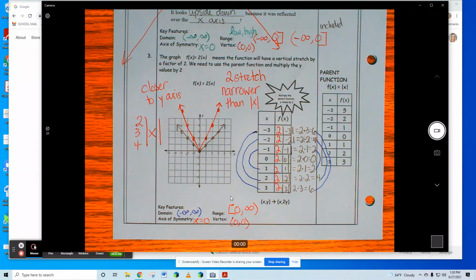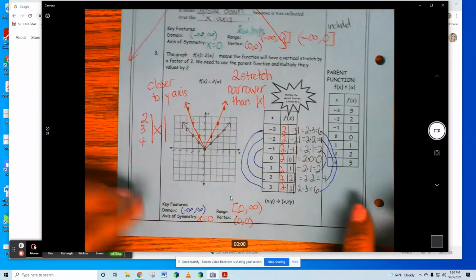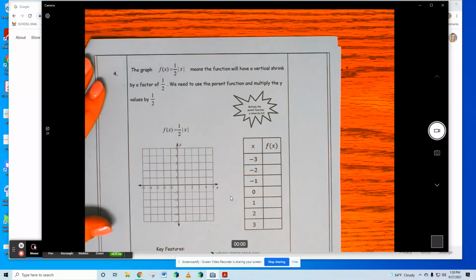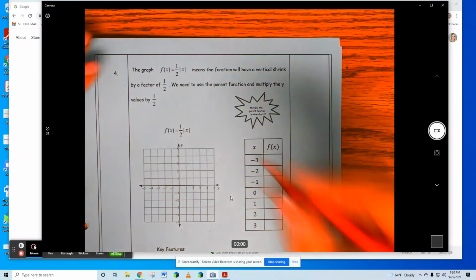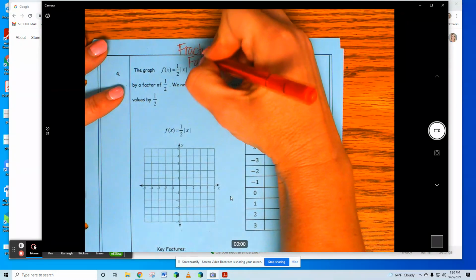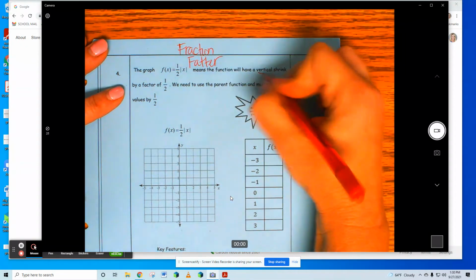Last one is 1/2. What do you think 1/2 is going to do? If 2 makes it skinnier, what's a 1/2 going to do? Wider. A fraction makes it fatter. It's called a vertical shrink.